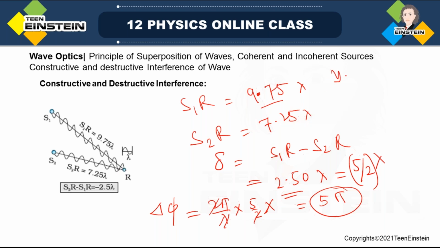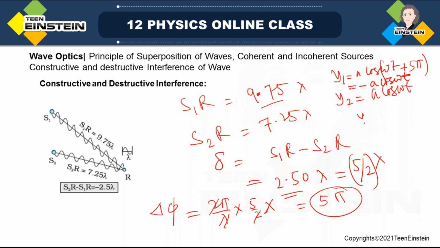So if you write y1 as a cos of omega t, and another one y2 as a cos of omega t plus 5 pi, since this is odd pi, what you get here is minus a cos of omega t.